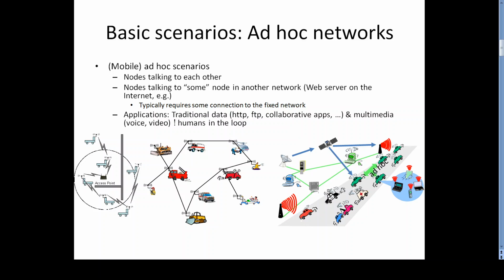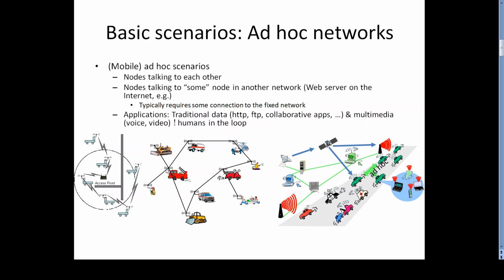Here multiple nodes are present, and those nodes or machines will communicate. They are able to receive as well as transmit data. That capability is present at the nodes.